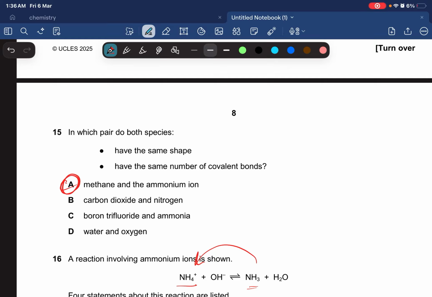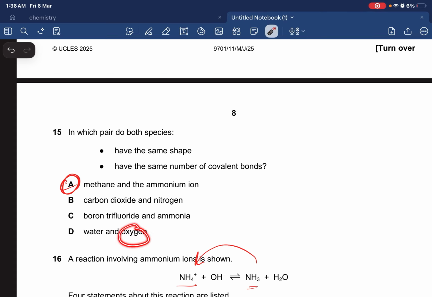Over here, oxygen is going to be O double bonded to an O, and the bonds are going to repel, and they're going to be at a maximum angle. Boron trifluoride is going to be trigonal planar, ammonia is going to be pyramidal, carbon dioxide is going to be linear, whereas nitrogen is triple bonded to nitrogen, and there's a lone pair here and a lone pair here, so the lone pairs are going to repel the bonding pairs.